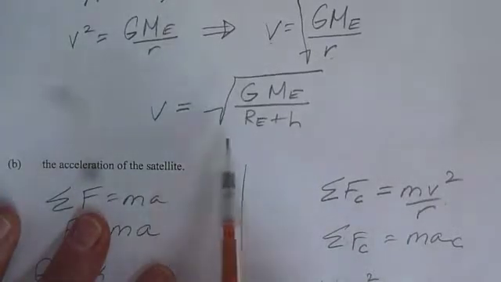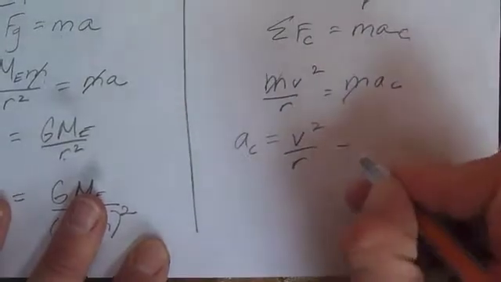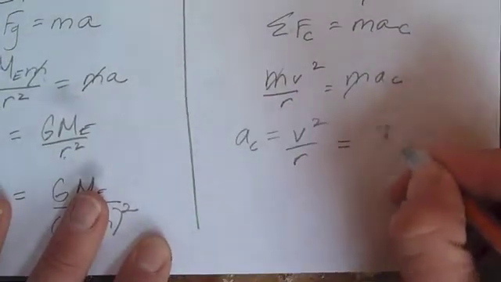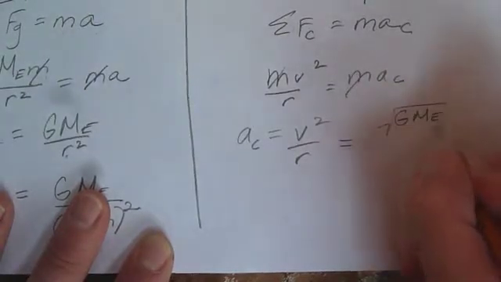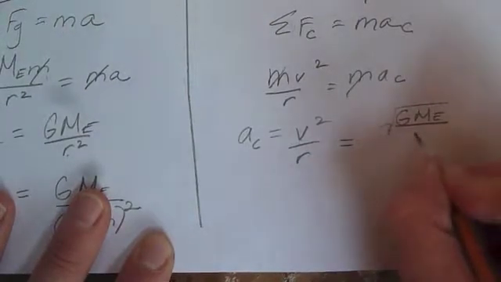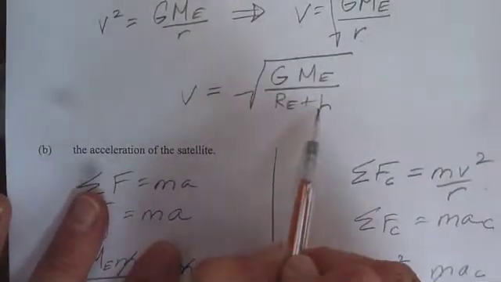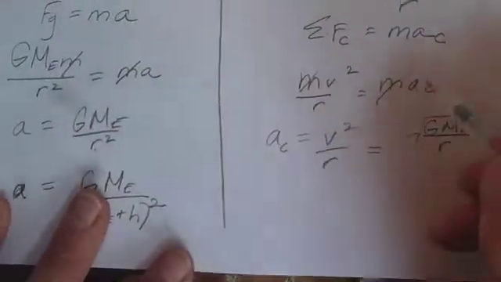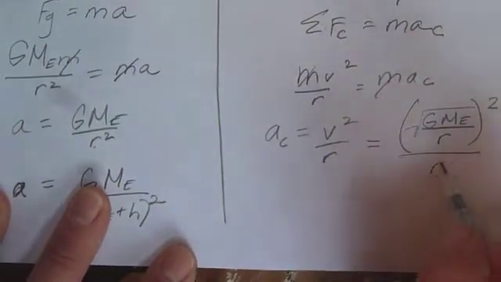So plugging in this value for speed into v, we are left with the square root of G times the mass of the Earth over r, which is the radius of the Earth plus the altitude above the Earth, this is going to be squared, because that's squared, all over r.